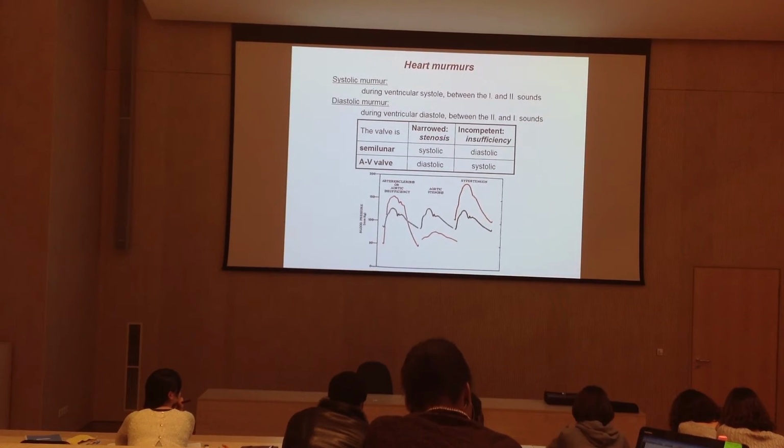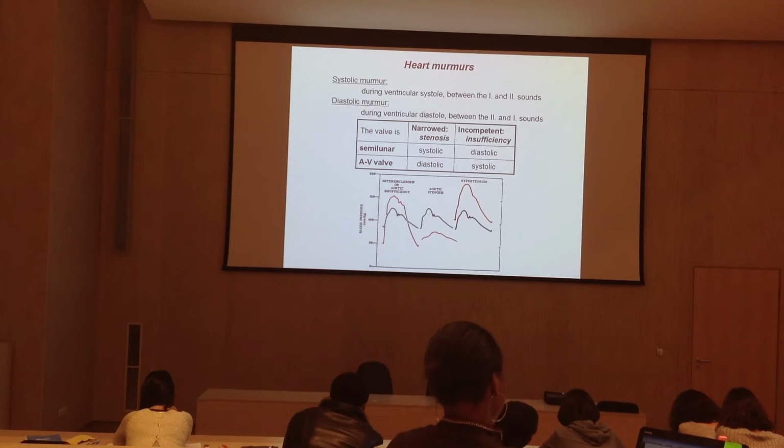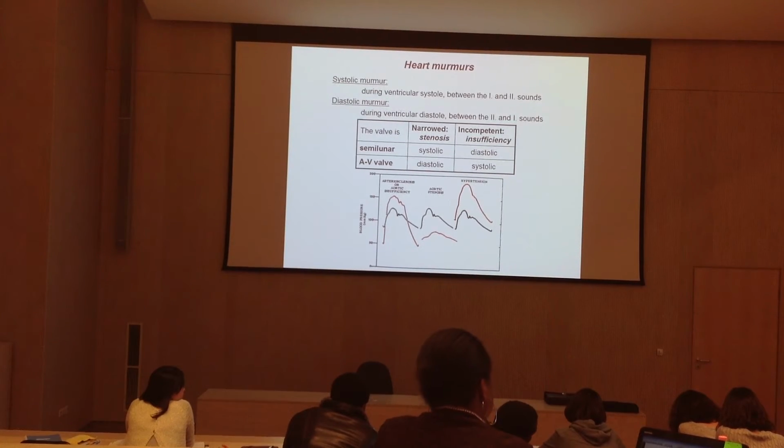And in this case, if the heart would like to maintain the normal cardiac output, it has to double the stroke volume by sympathetic stimulation or by increasing the resting rate, ejecting 70 milliliters instead of 35.